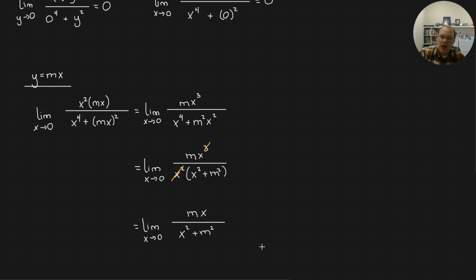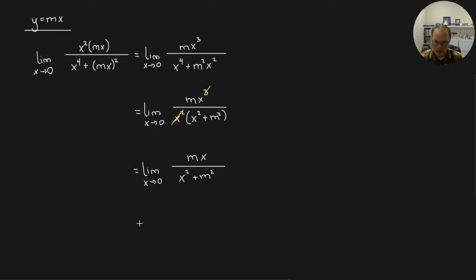And now, at this point, I could just plug in 0 because I have canceled the thing that was giving me problems, right? I couldn't just plug in 0 here because if I just plugged in 0 here, I'd get 0 over 0. 0 over 0 is an indeterminate form, okay? It means I have more work to do to find the limit. But now that these are canceled, this was the thing that was giving me 0 in the denominator, which means I won't get 0 over 0 when I plug in 0 for x anymore.